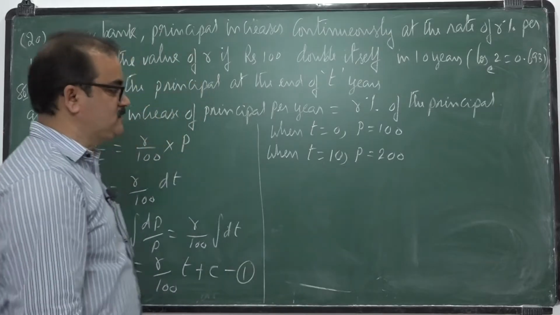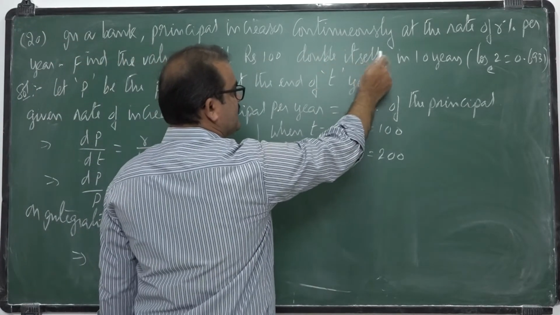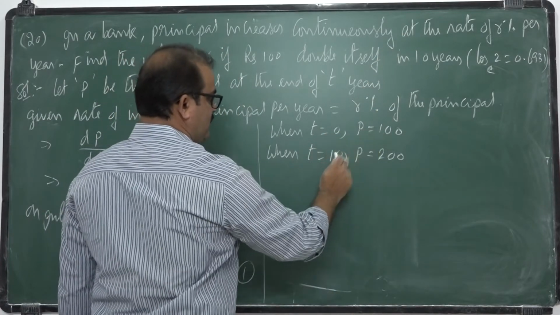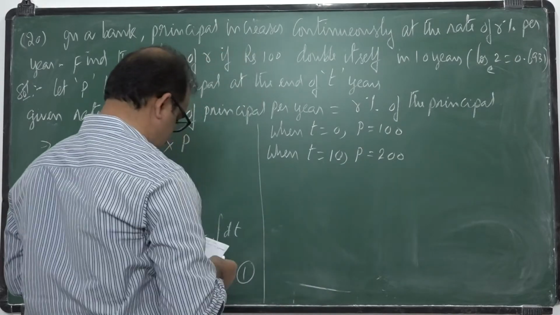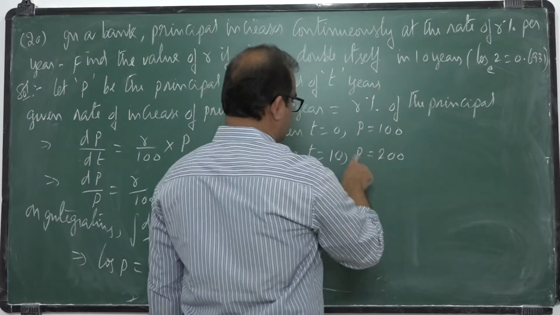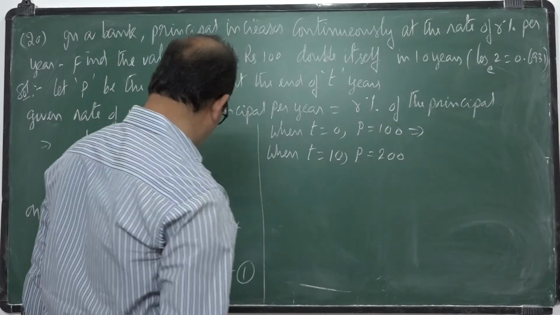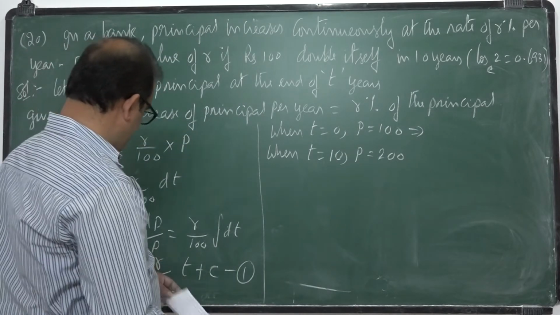Principal amount becomes 200. 100 rupees double itself in 10 years. Initially it is 100, after 10 years it is double, it becomes 200. Based on these two conditions, find the value of C and r value.